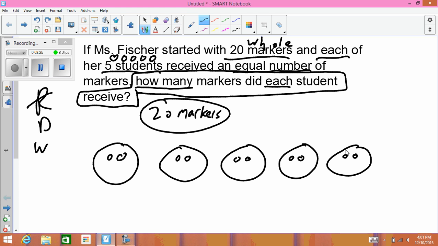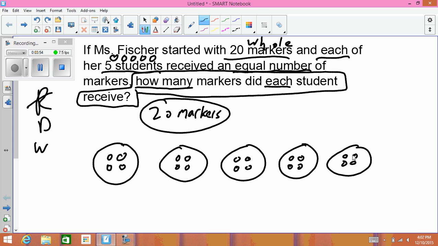You can think of it almost like you're dealing playing cards. You're giving the same number to each person. So that's 10. 11 markers, 12, 13, 14, 15, 16, 17, 18, 19, and 20. Make sure you stop when you've reached your whole. Since I had 20 markers, I'm going to stop when I reach 20 because I don't have any more markers to hand out.